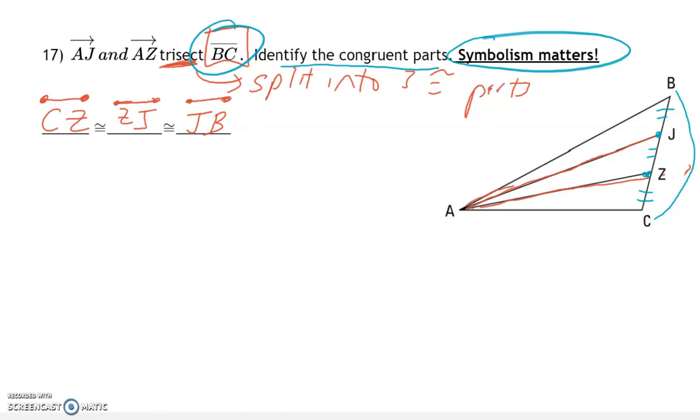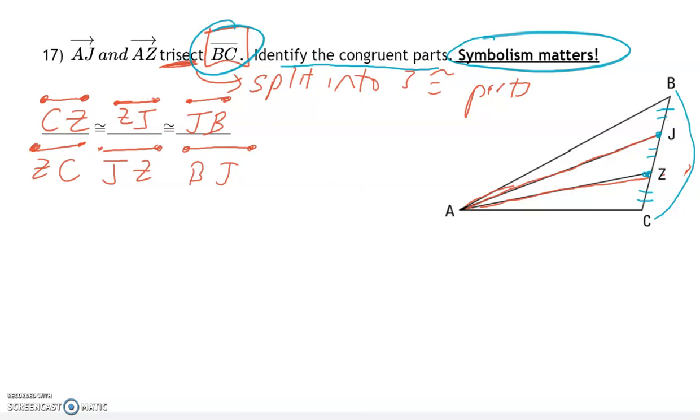You could flip any of these around. Any of those are correct, but make sure all three segments are marked as congruent and that you have the right symbolism of the segment.